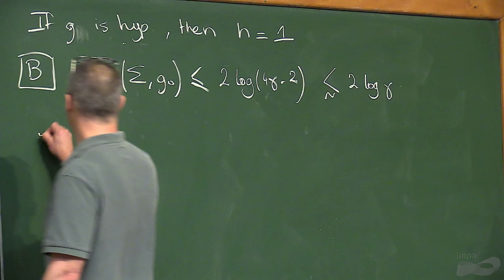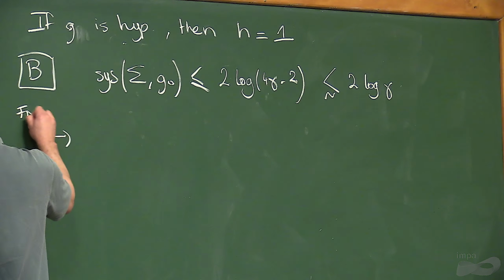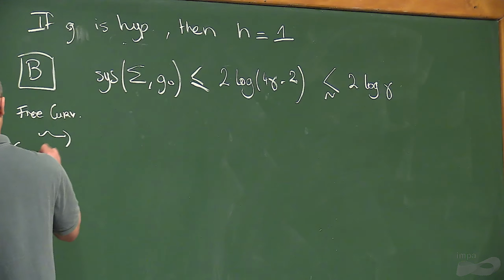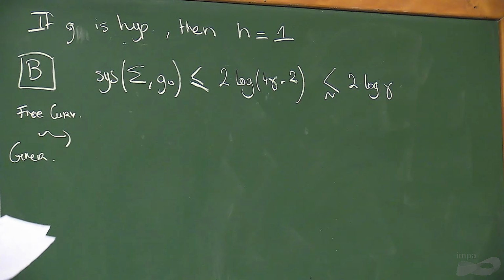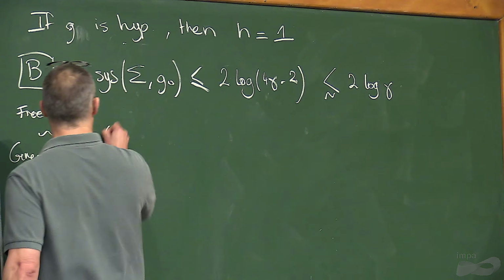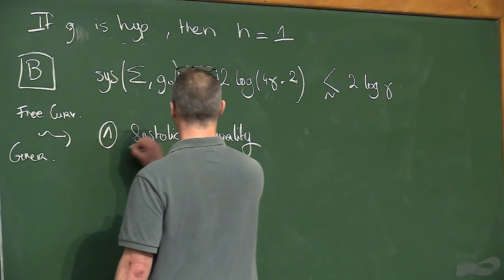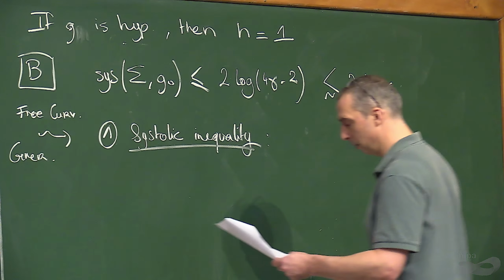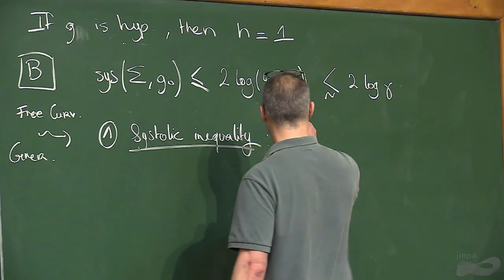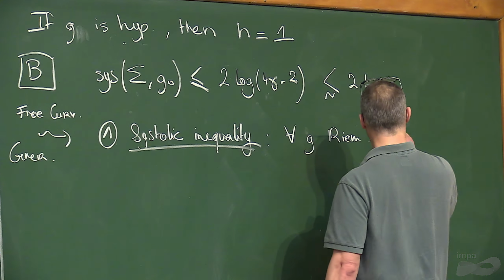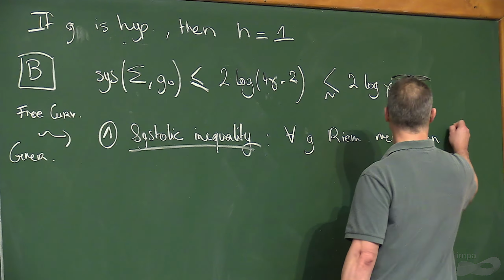So what are the variable curvature generalizations of this? One is the systolic inequality for surfaces. Here I will write things like this. You take any Riemannian metric on sigma, your surface.